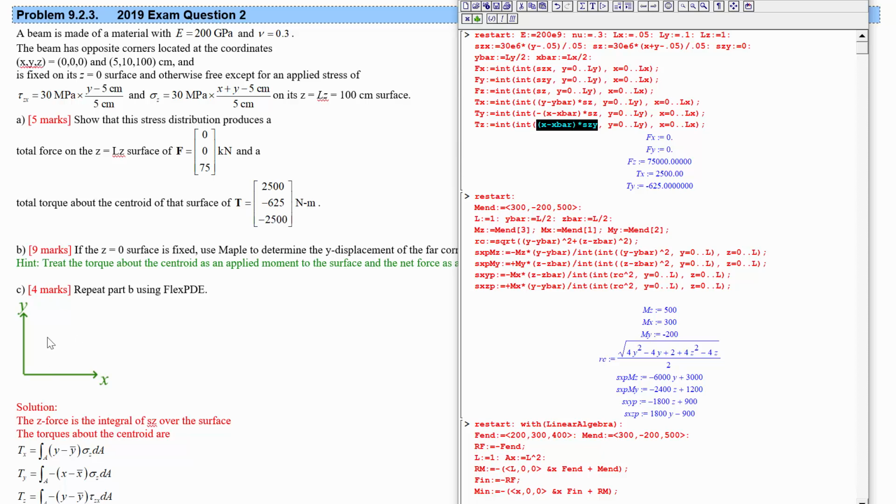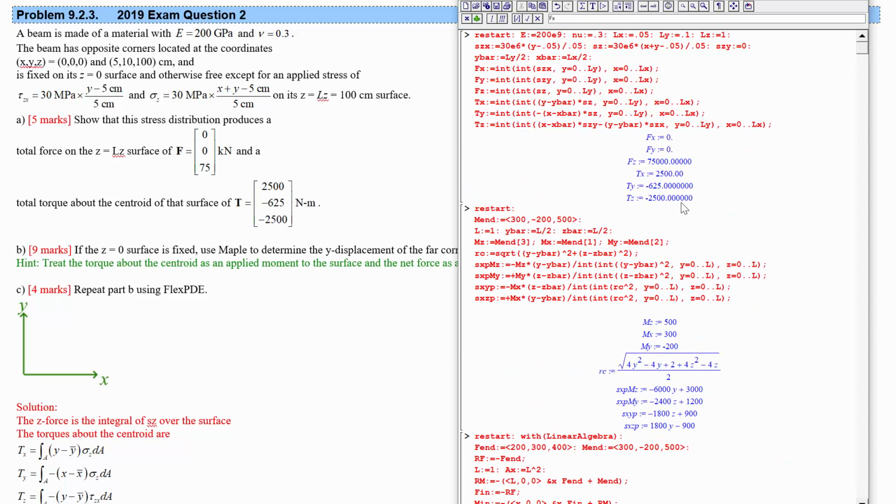This is going to produce one depending on its y position, in the other direction. So we'll take minus y bar times sz in x. And this should therefore produce the net torque in the z direction. And do we get minus 2,500? Yes, we do. So there's the proof.